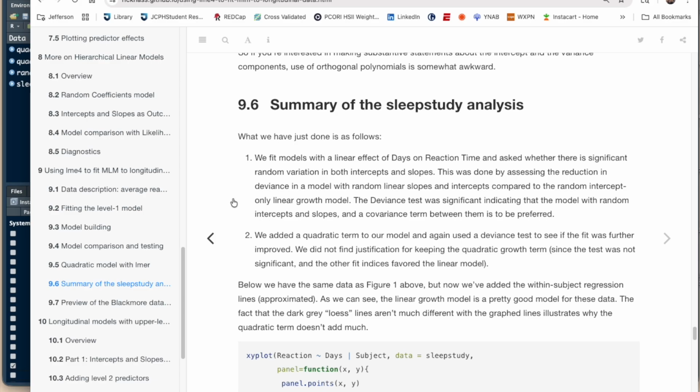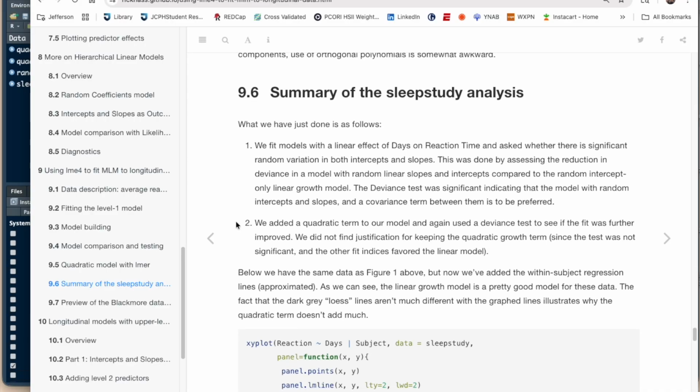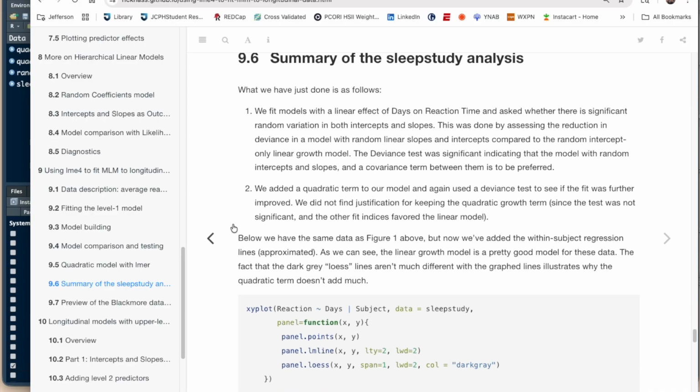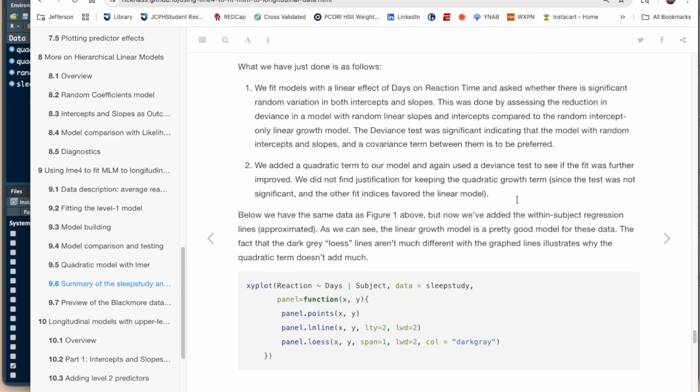So we kind of use a constellation of evidence from the likelihood ratio tests, maybe a bootstrap version, and also looking at the confidence intervals to make that call. We also looked at whether the fixed effect of time, and whether a quadratic effect in addition to that fixed effect, were significant, and we found pretty good evidence that we should have that linear effect of time, but that quadratic effect didn't really add too much.